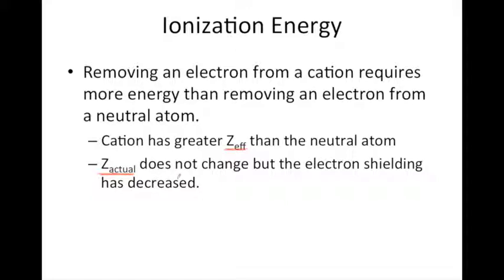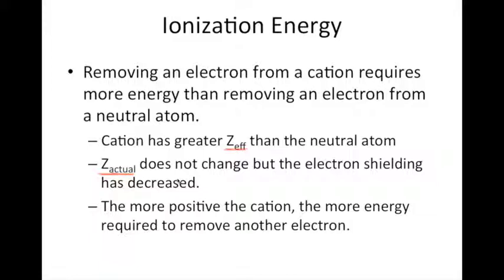But we did remove an electron, so therefore the shielding decreases. So the effective nuclear charge for the cation is greater than the neutral atom, meaning that the electrons in the cation are going to feel a greater attractive force towards the nucleus, making it more difficult to remove.